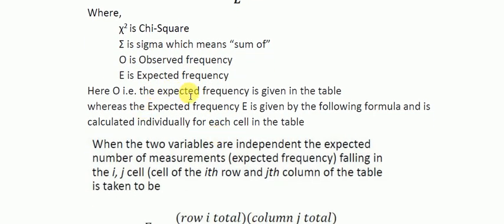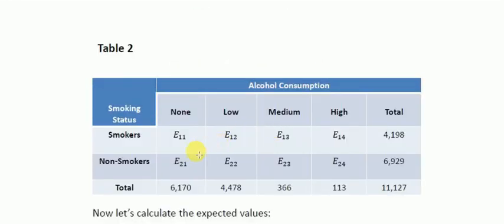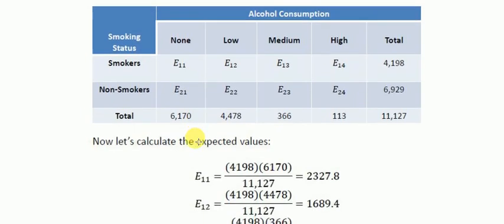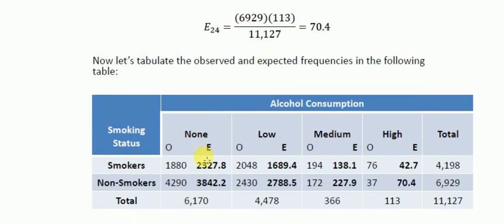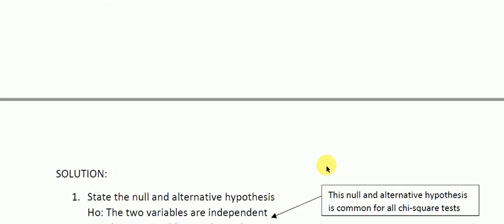Here O is the observed frequency, and it is given in the table, whereas the expected frequency is given by the formula and is calculated individually for each cell in the table. The frequencies given here are the observed frequencies: 1880, 2048, 194, all of them were given in the question.